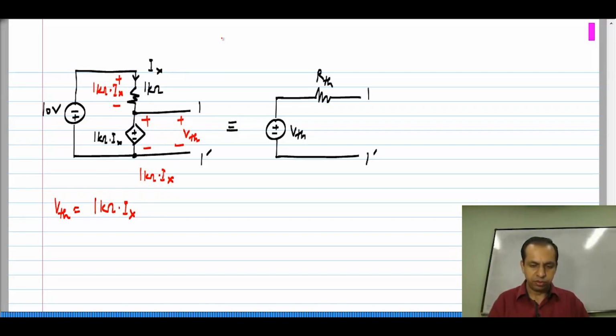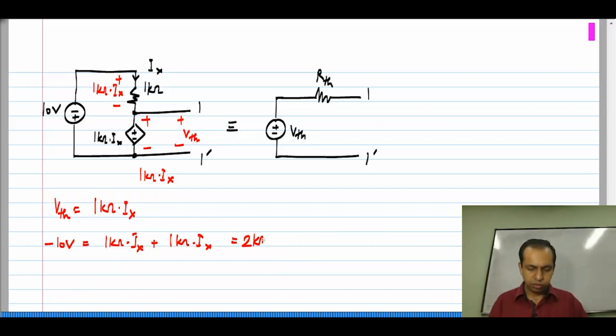and applying KVL around this loop, we have minus 10 volts equals 1 kilo ohm times Ix, which is the drop across the resistor, plus 1 kilo ohm times Ix, which is the drop across the current controlled voltage source. Okay.